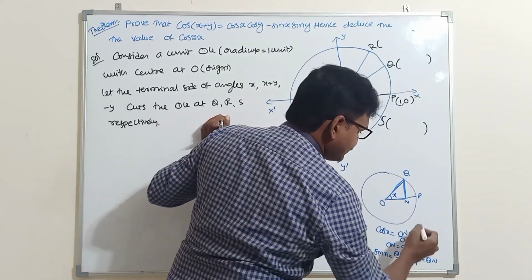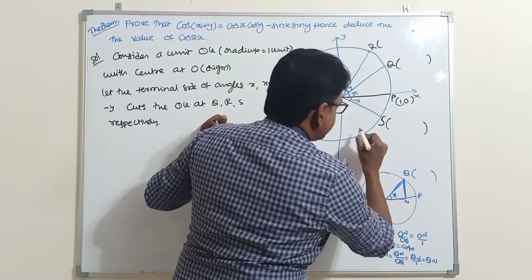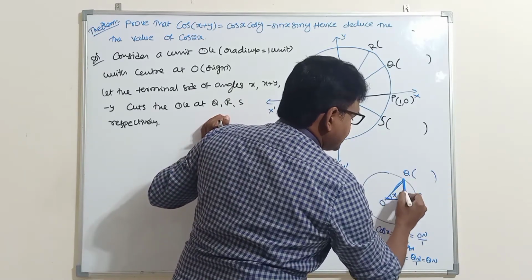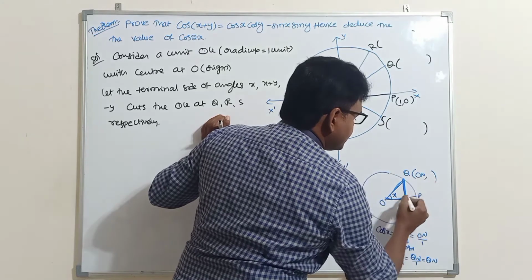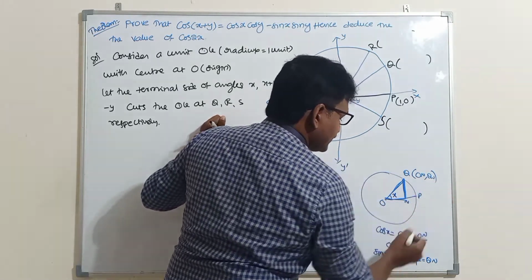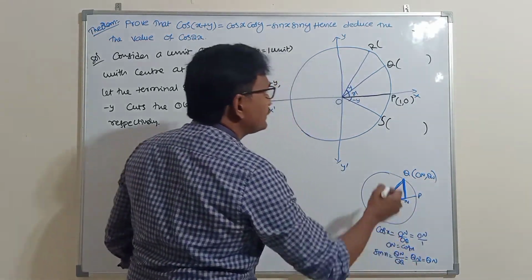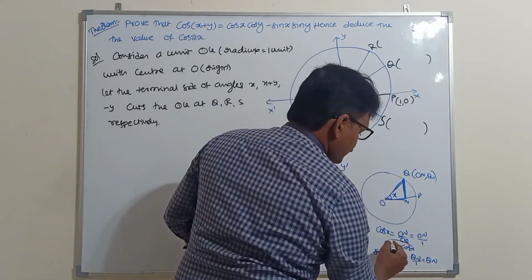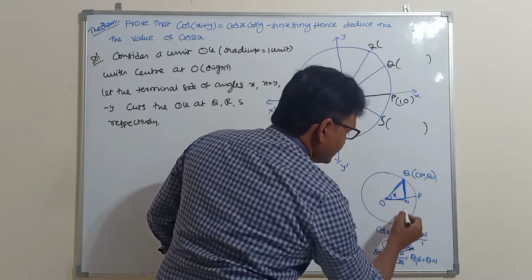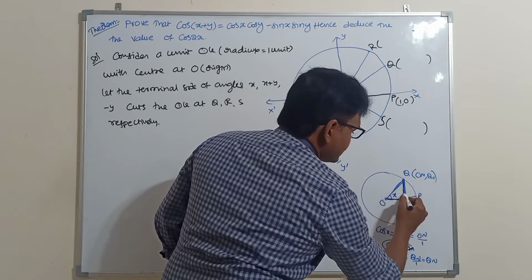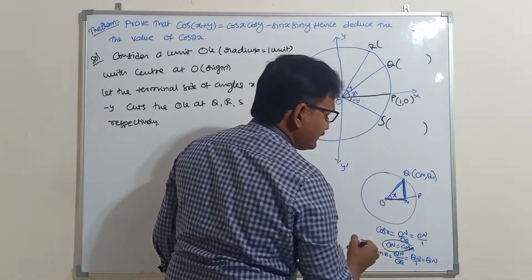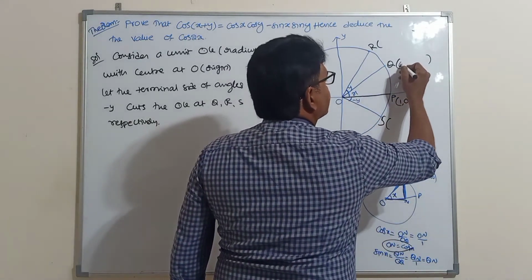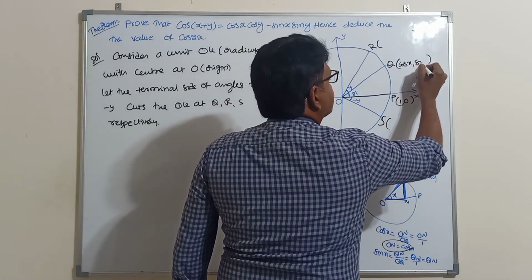Point Q means this distance is ON and this distance is QN. ON comma QN. What is ON value? Cos x. Therefore point Q is (ON, QN). That's why it is ON comma QN. So this is (cos x, sin x).